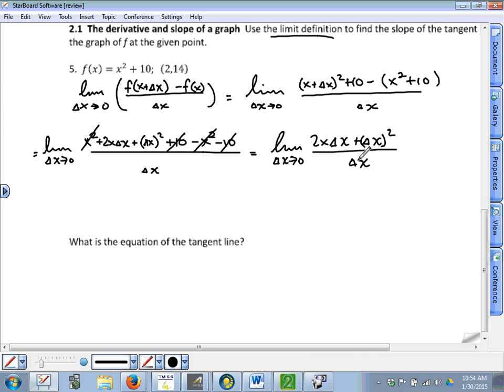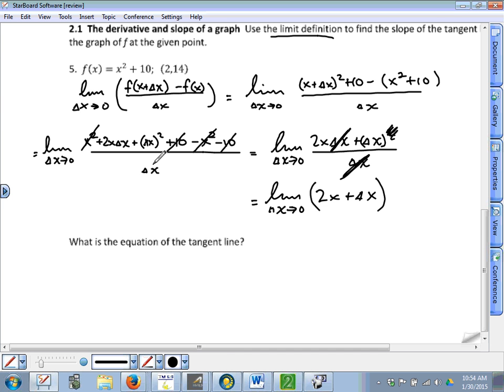Now this delta x on the bottom can cancel with that delta x and one of these delta x's. So this turns into the limit as delta x approaches 0 of 2x plus delta x. Now this can be evaluated by direct substitution.